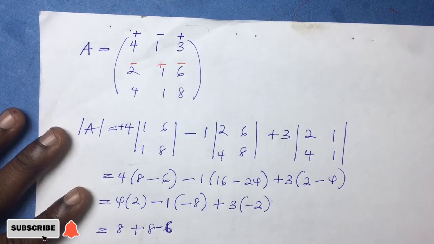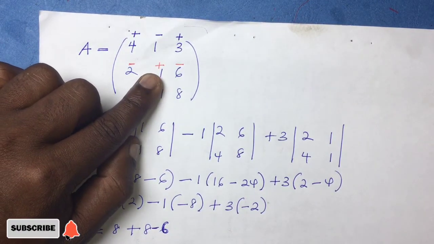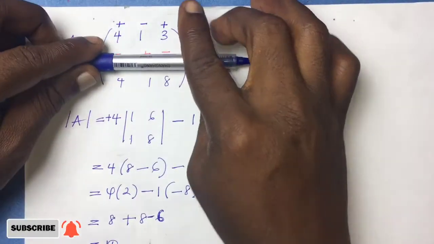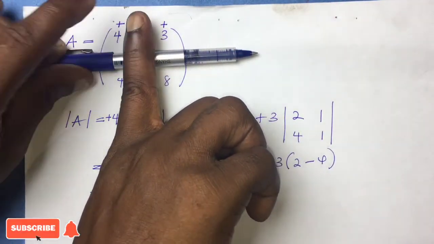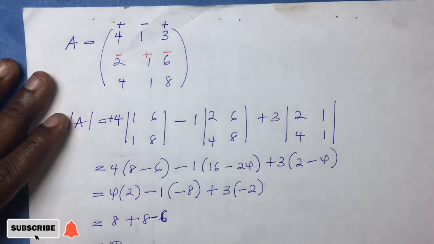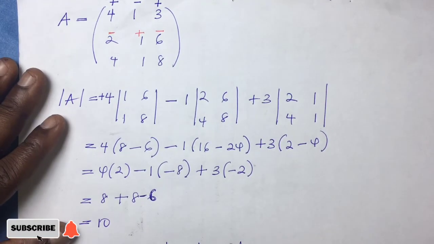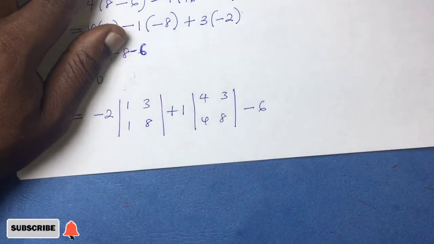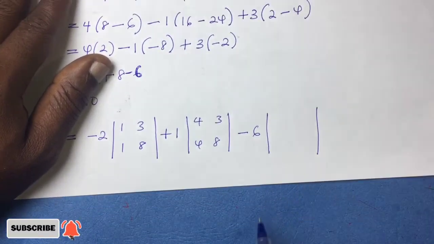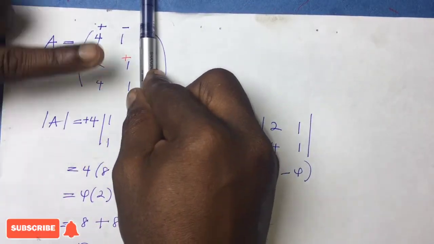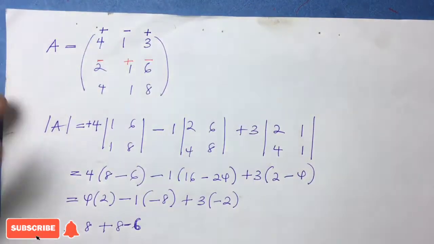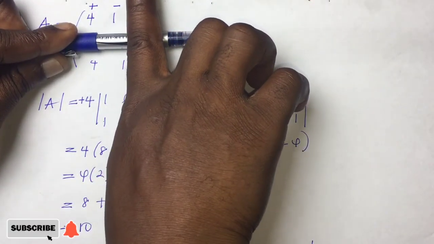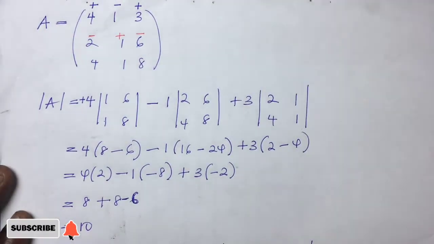Then the next one is plus 1 in bracket, and if you cross it out, the minor is 4, 3, 4, 8. Then the next one is minus 6, and its minor is 4, 1, 4, 1.